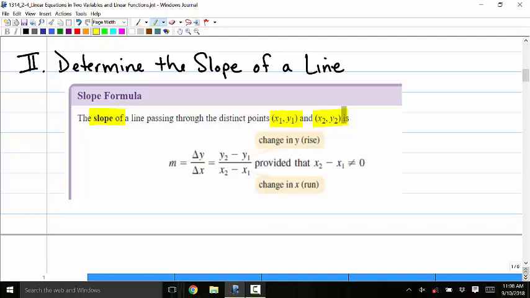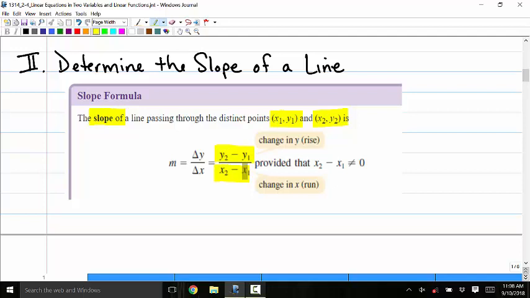But anyway, we always use the little lowercase m for slope. So m is equal to the change in the y values divided by the change in the x values. Here's the formula, y2 minus y1 over x2 minus x1. That's what you need to know. Okay, provided that x2 minus x1 is not 0. You can't divide by 0.